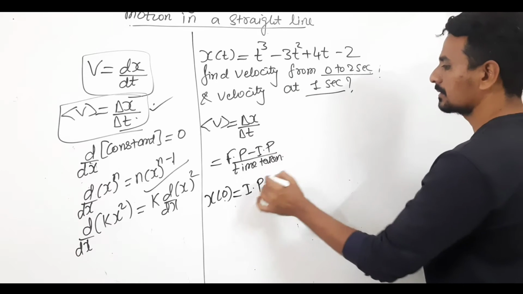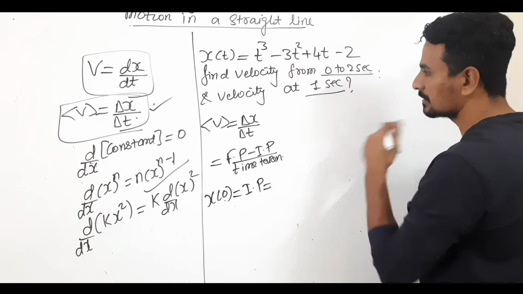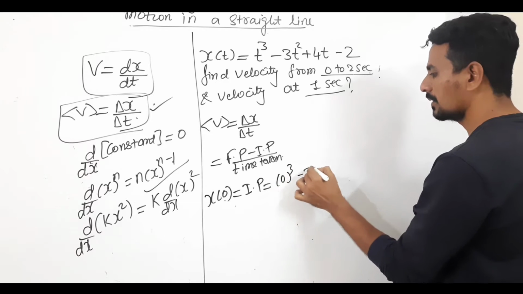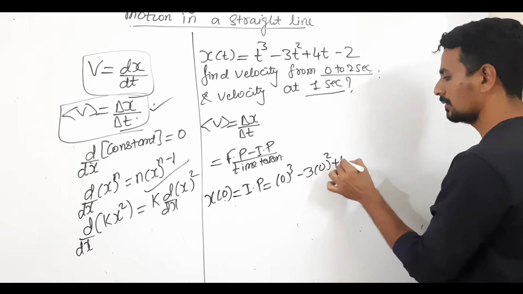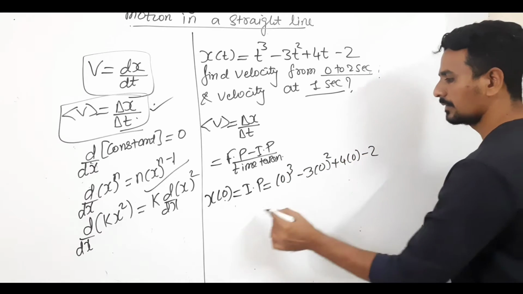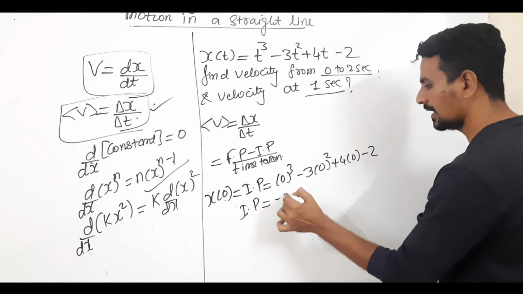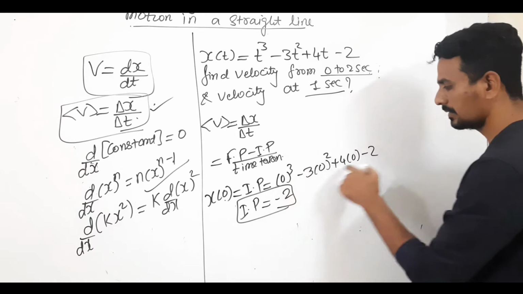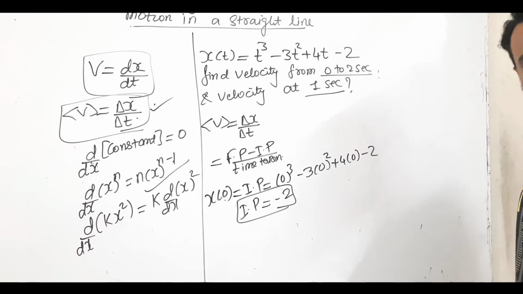See, substitute 0 in this equation, these are all zeros, so the initial position is minus 2. Clear?